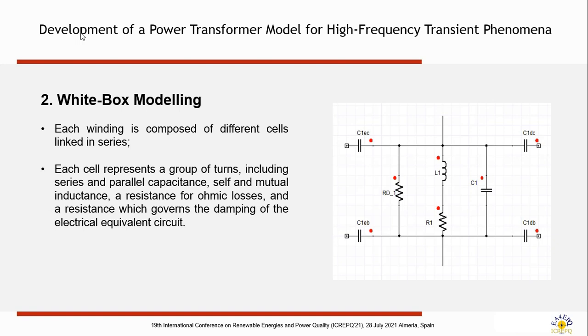We can see the passive elements: this resistance, which governs the damping on the waves, a resistance which represents the ohmic losses, the inductance, the series capacitance, and the parallel capacitance, which couples the different windings.